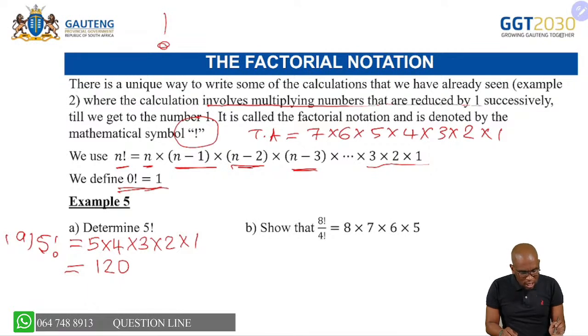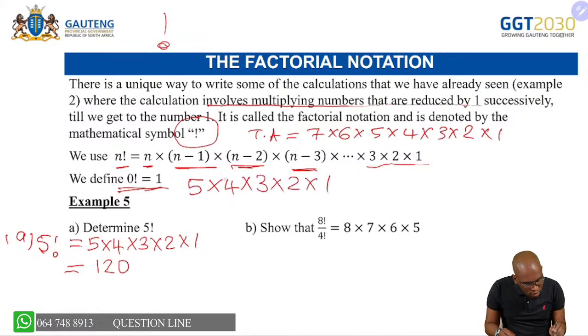Now, if you check the second one, they say determine 8 factorial over 4 factorial. Now, there's something I want to show you. If you look at 5 factorial, we said it's 5 times 4 times 3 times 2 times 1. If we look at 4 times 3 times 2 times 1, this is the same as what? 4 factorial.